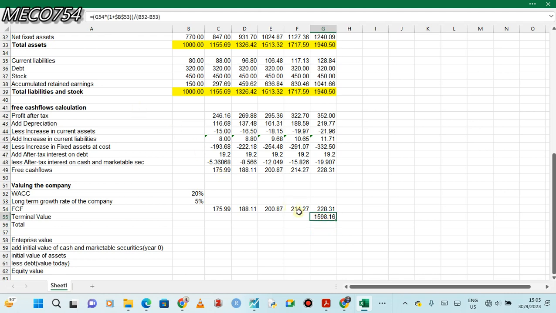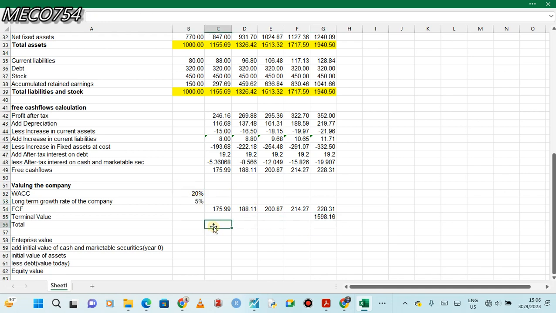To calculate the terminal value, we're simply saying our free cash flow for the final year multiplied by 1 plus the 5% growth rate given here, divided by our WACC minus the growth rate. That's how we get the terminal value.